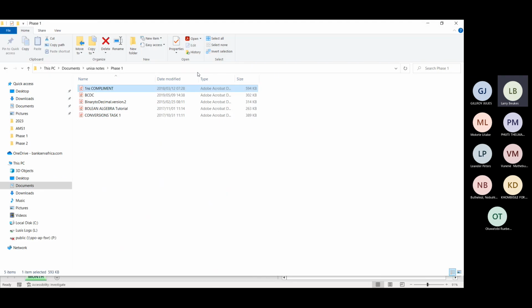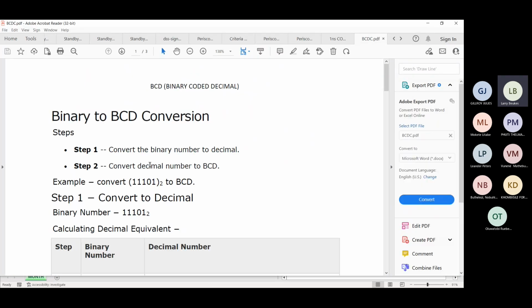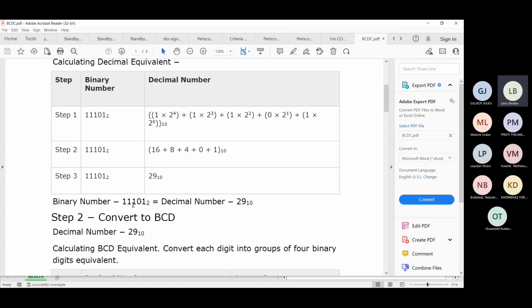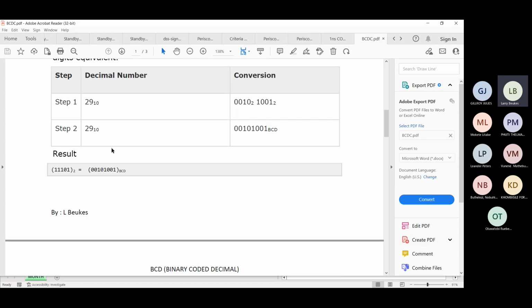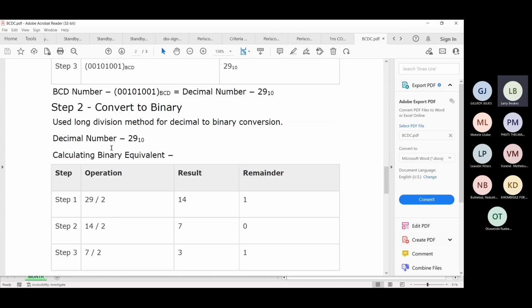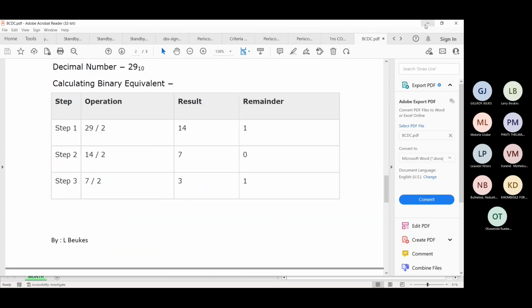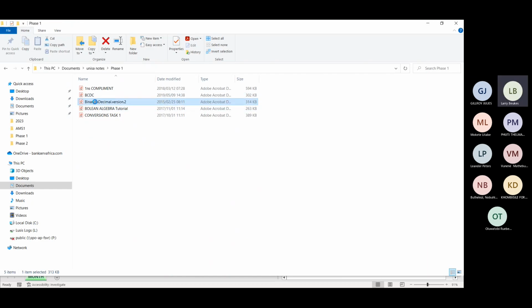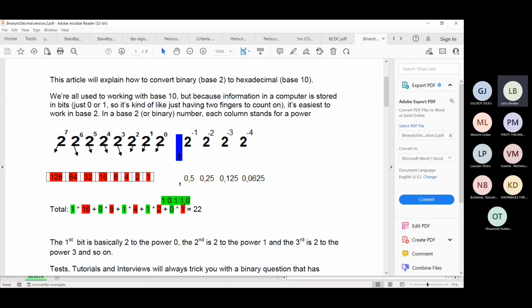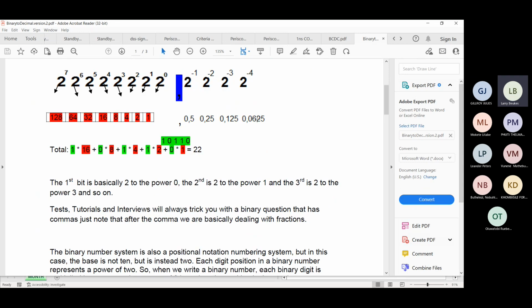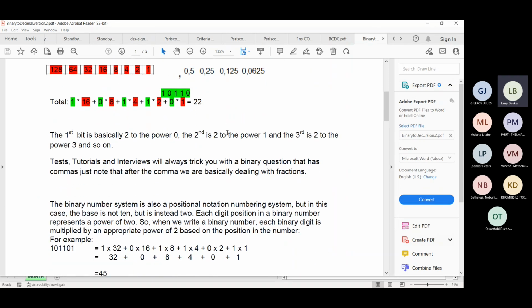So phase 1 is already uploaded. This is the BCDC. I said I don't want to touch it today. If you are already understanding these basics, you can just do this as well. BCDC in phase 1. Binary to decimal conversion, it's here. Binary to decimal, I explain it the proper way. Here's that 0.0625 that we looked at.